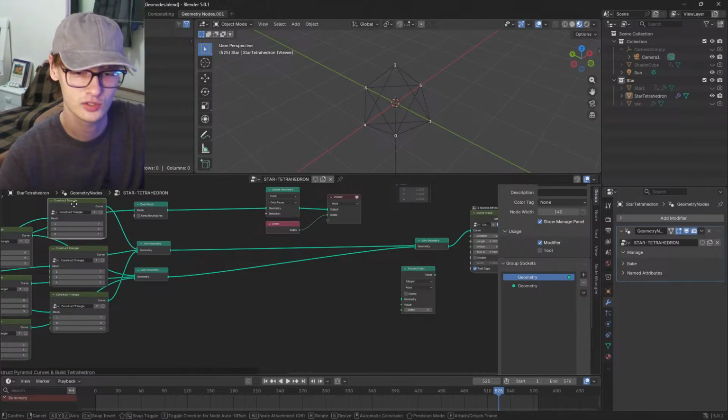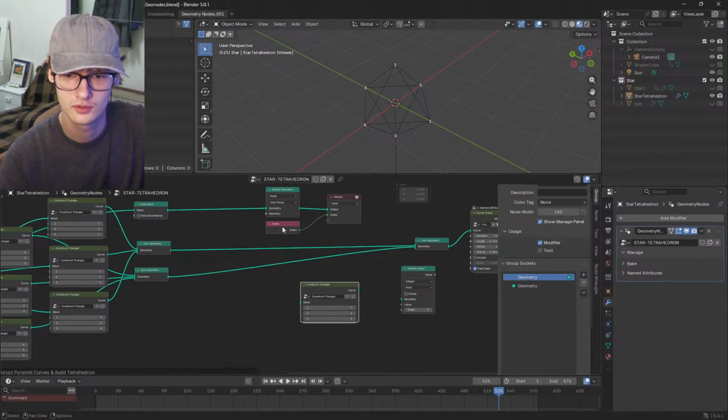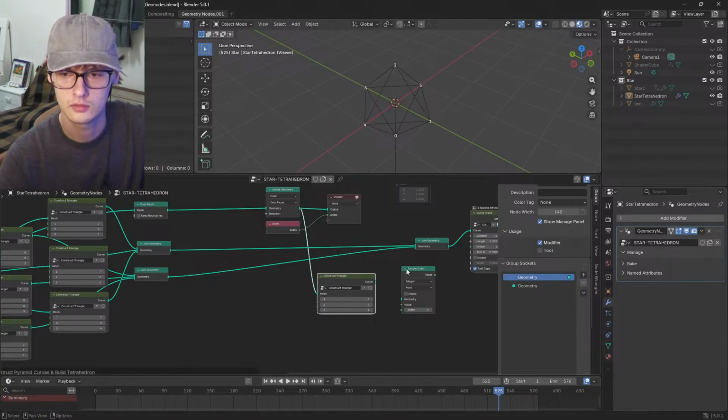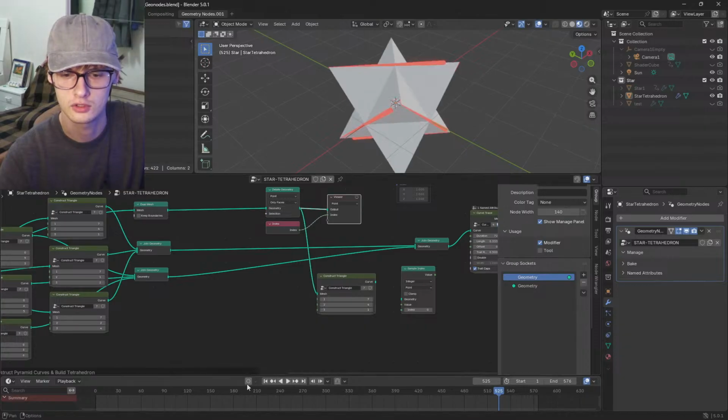Okay, construct a triangle. We're gonna look at what direction we want this to go. We already know our vertices, 4, 2, and 1.